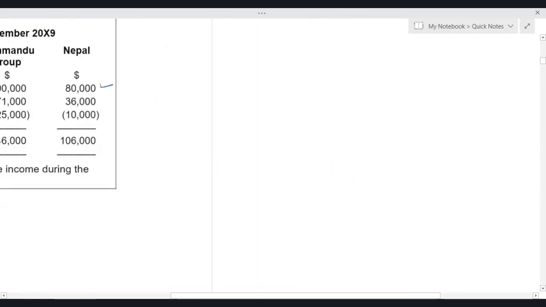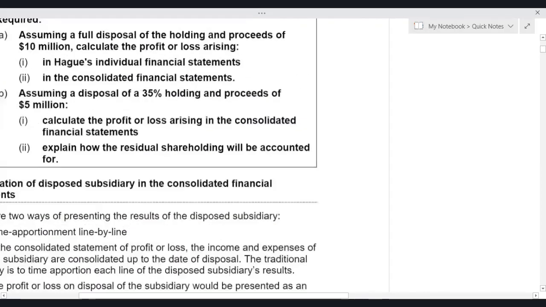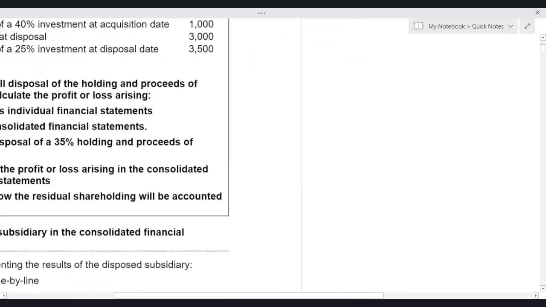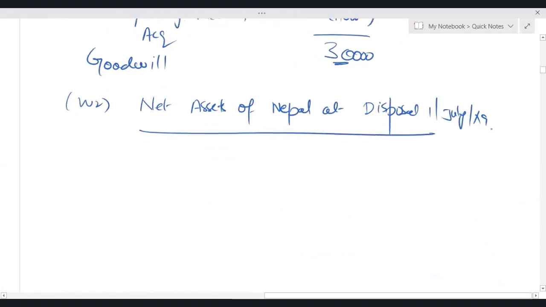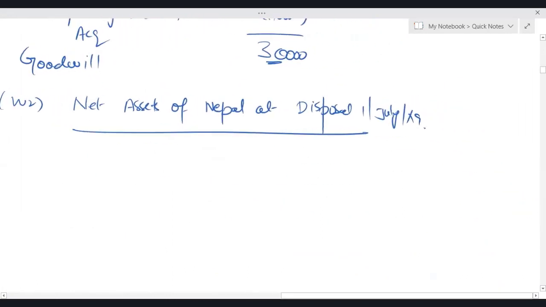Now, please try to understand. We are calculating net assets at disposal, but the date is important. Net assets of Nepal at disposal. Let's take share capital. Retained earnings brought forward means on 1st January X9.